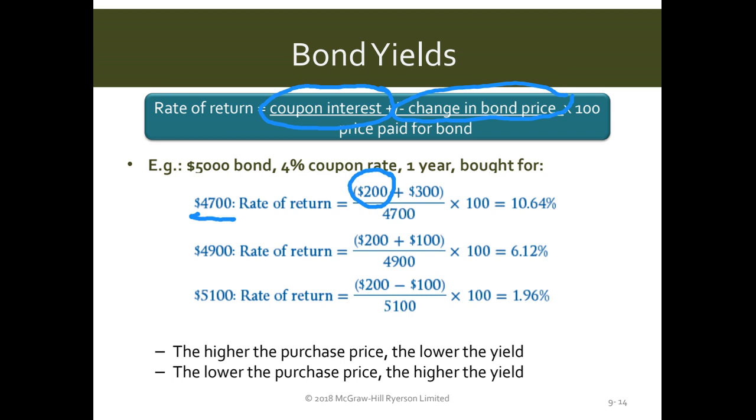So what is my gain on that redemption? My net gain would be 300, because 5,000 minus 4,700 is 300. So I'm also getting 300 extra dollars because I bought this bond for 4,700 and redeemed it at 5,000. That is a plus sign.